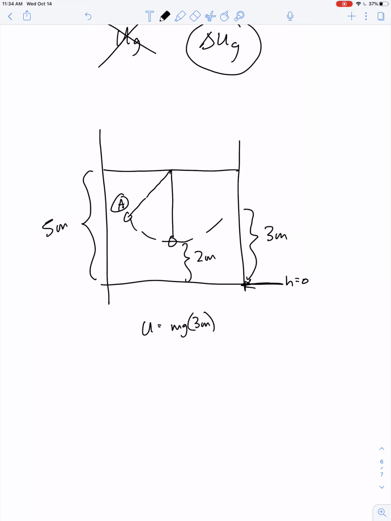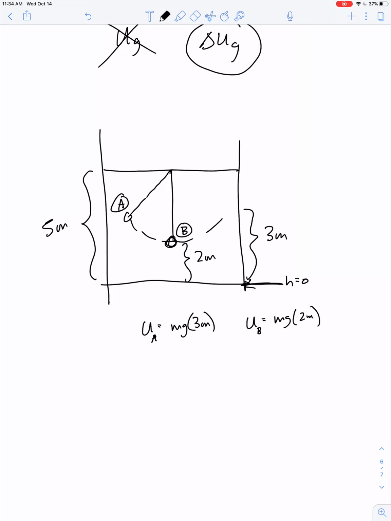And they would say that the final gravitational potential energy when it reaches the low point in the swing here at point B is equal to mg times 2 meters.